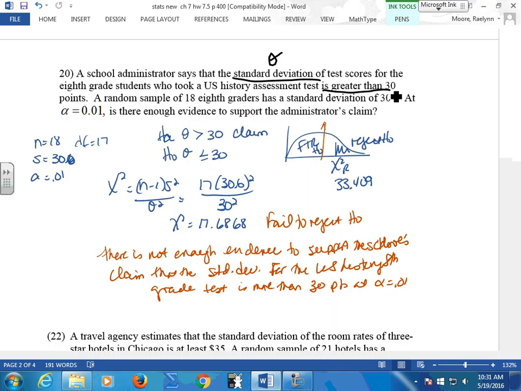And you want to know, is there enough information to support the school administrator's claim? There's his claim. And support means HA. Make sure it's an HA. Find your cutoff value for your 0.01. Test statistic. No p-values on this. Just reject H0, fail to reject H0, region zones.